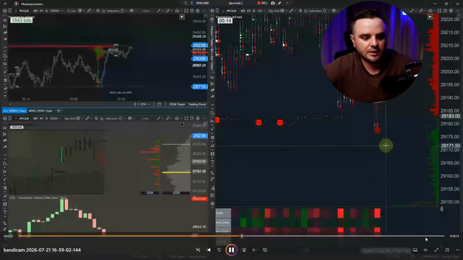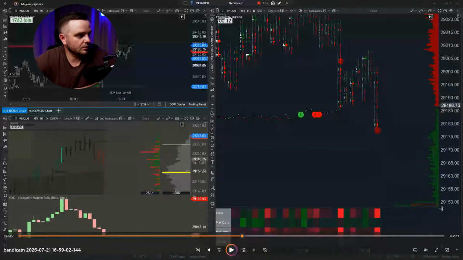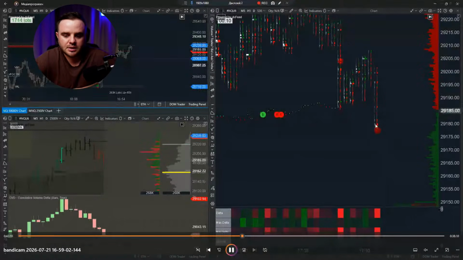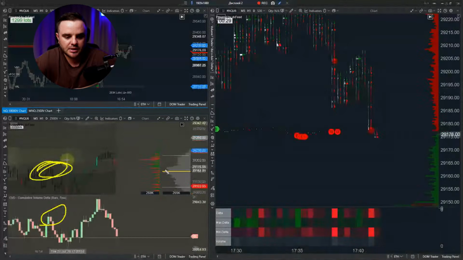And here you can see sellers started to appear. What was most important for me here was that price exactly retested the area where aggressive buyers stepped in, plus it was POC.